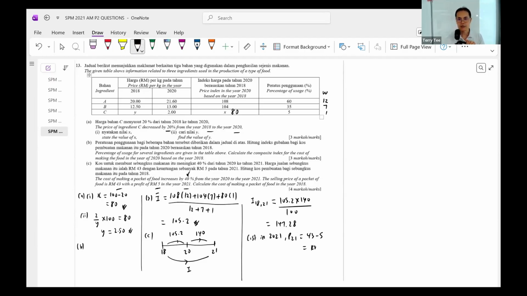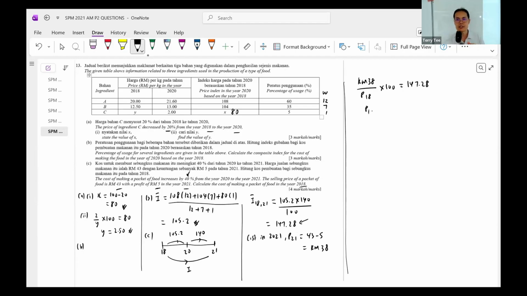What are we finding? We are finding the cost in the year 2018. So we have to use this index, right? This is your composite index. So price in 2021 is 38 ringgit. Price in 2018, I don't know. Times 100, you get 147.28.